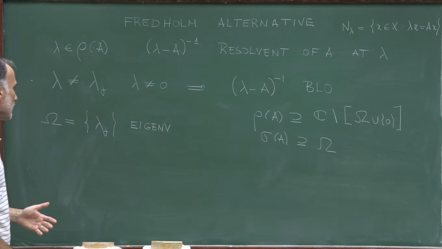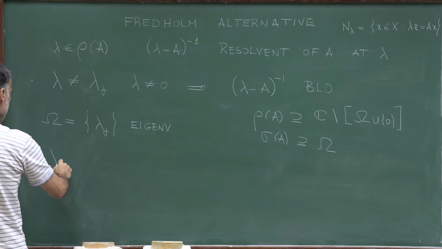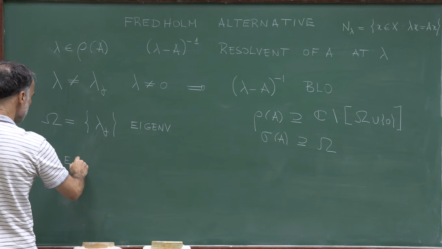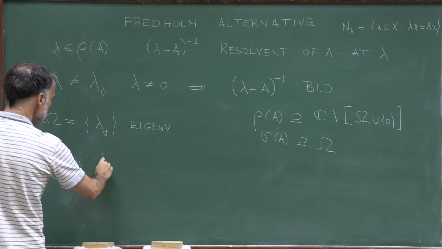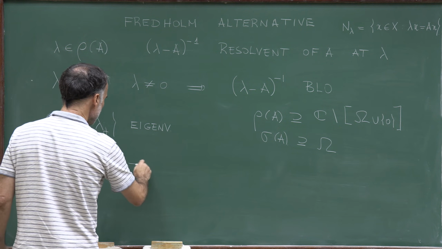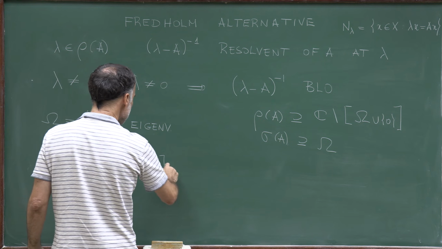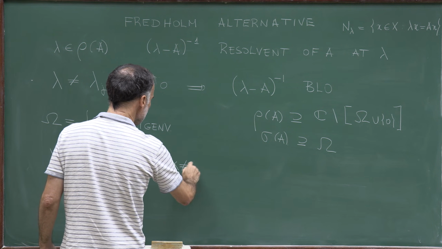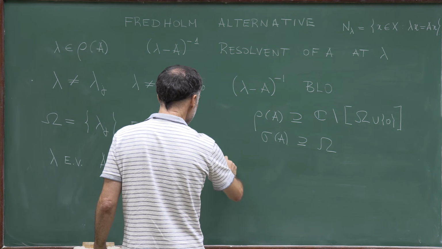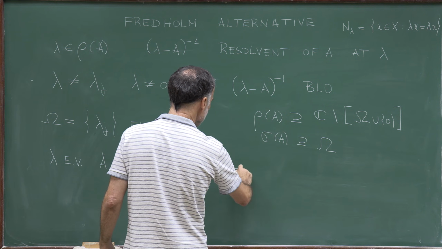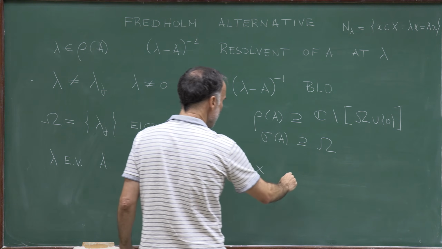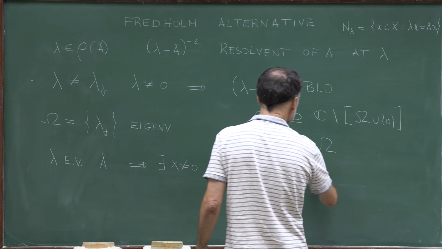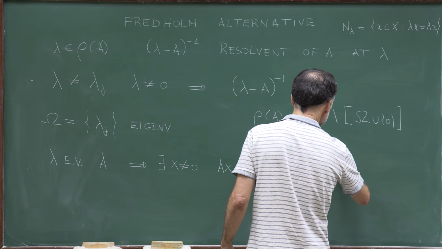Always. And this is clear because if lambda is an eigenvalue of A, this means that there exists x different from 0 such that Ax is equal to lambda x. And this tells us that lambda minus A is not injective.